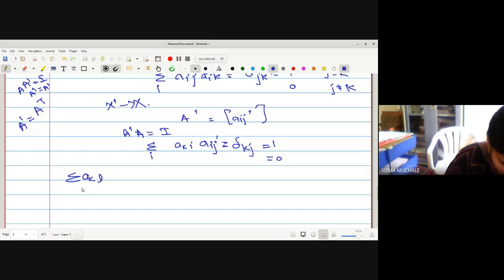Summation akl, both k and i standing for 1, 2 and 3, akl aki aij dash.